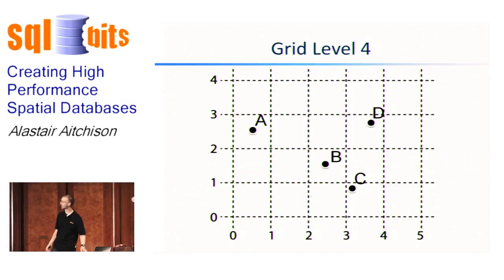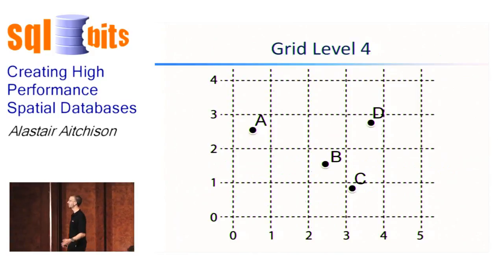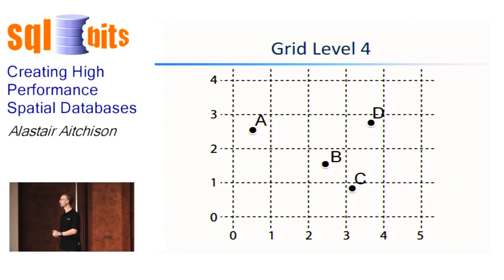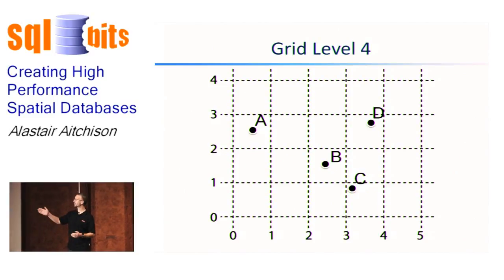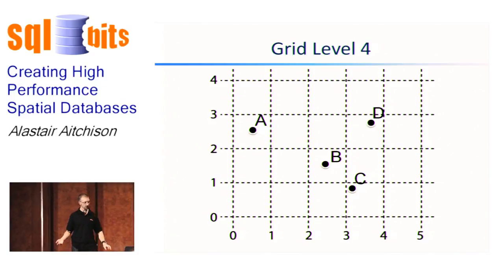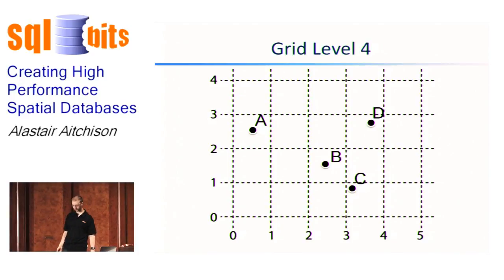Okay, so if we just have a little bit of a look at a picture, this is what our table now looks like. So we've got our 4 points, A, B, C, and D. And the dotted lines there represent the level 4 grid cells in our index. Now let's suppose we actually wanted to write a bit of a query, and we wanted to find out which of those 4 cells lay within this red polygon.